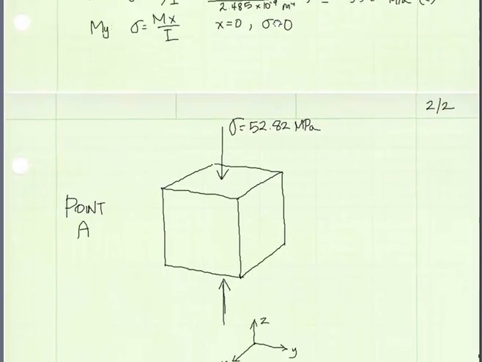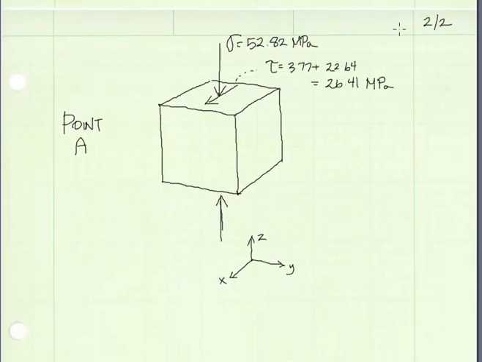So we will show that as a net stress on our element. And that'll be a shear stress of 26.41 megapascals, and it's acting in the positive x direction. And you can see that I showed the shear stress as being parallel to the face of the material, whereas a normal stress is perpendicular to it.